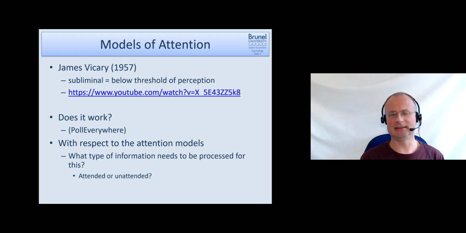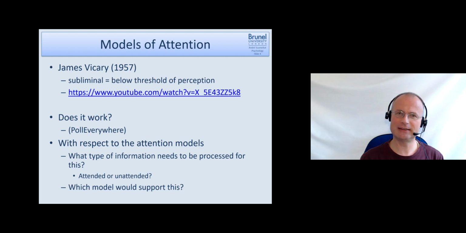It's probably unattended information, because he didn't want the audience to see the flicker. And then you can think, which model would support this? That unattended information affects our behavior.